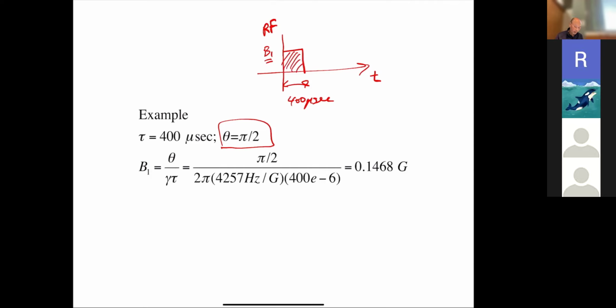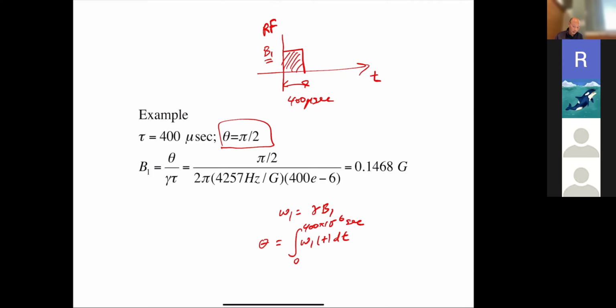So we know that omega 1 equals gamma B1, that's our Larmor frequency from the B1 field. Now we're just going to integrate omega 1 over time from 0 to 400 times 10 to the minus 6 seconds, and that's going to be my theta.